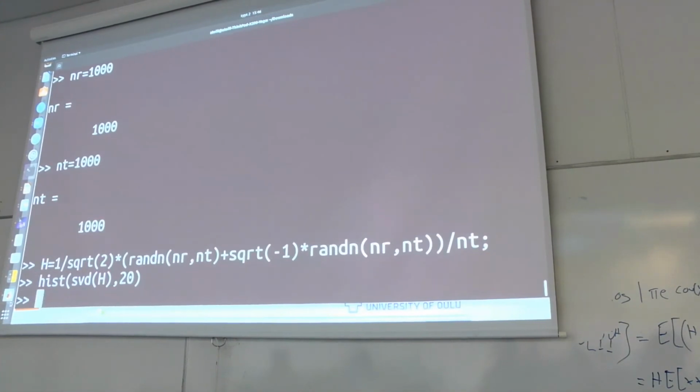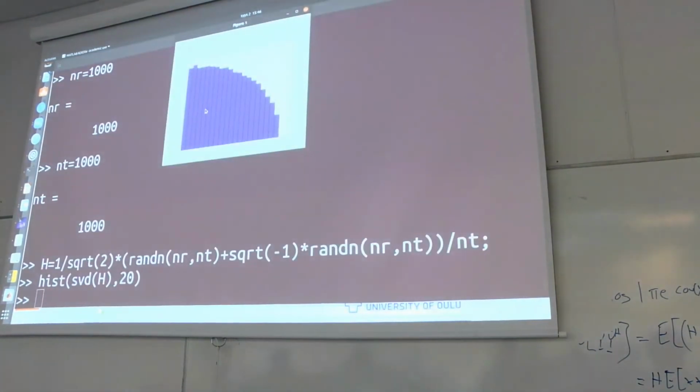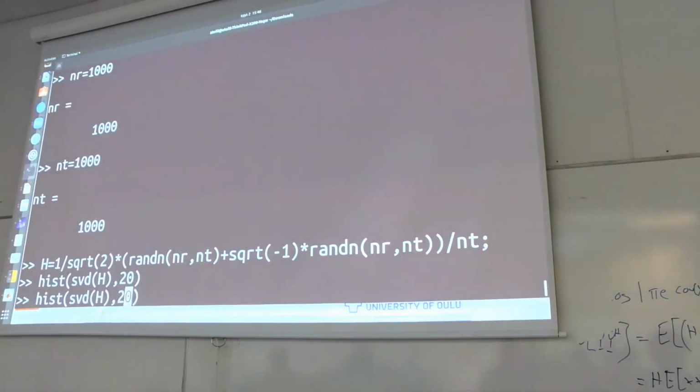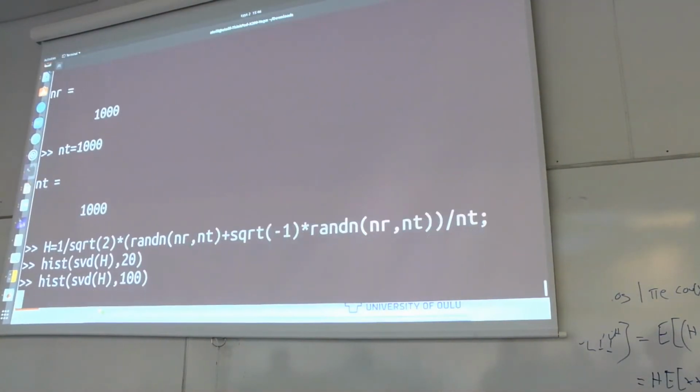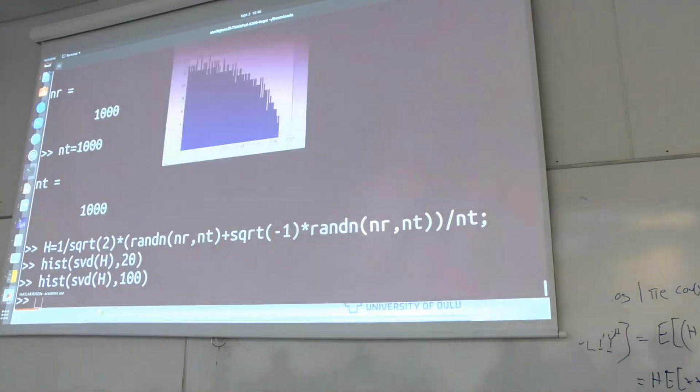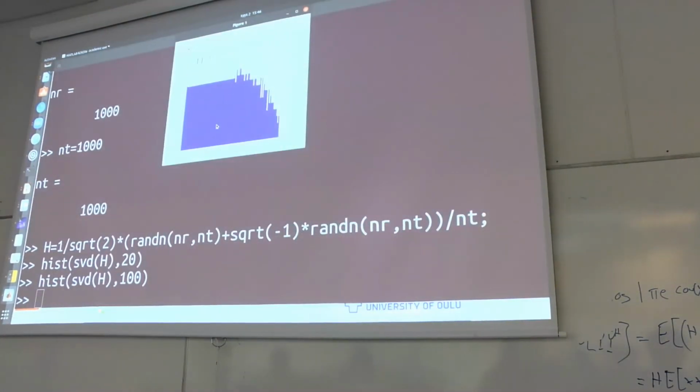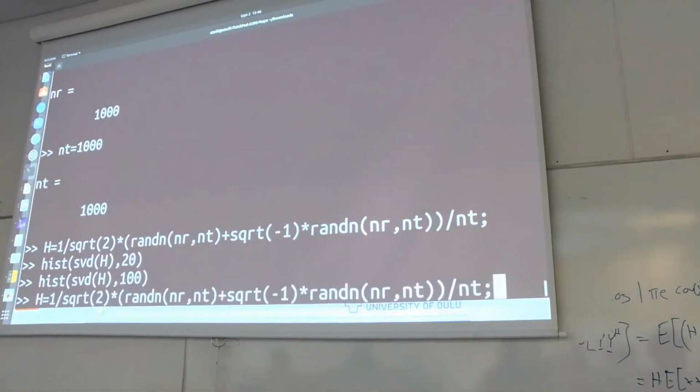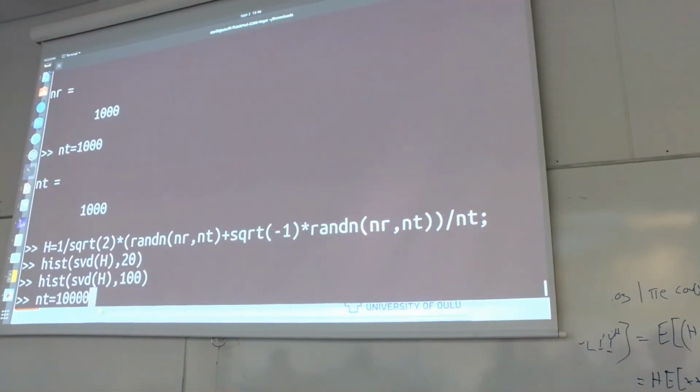Okay, very quick. It starts to look more deterministic. The histogram of these singular values has a granularity of 20. We can increase the granularity to 100, for example. Do you start to believe? Let's try 10,000.